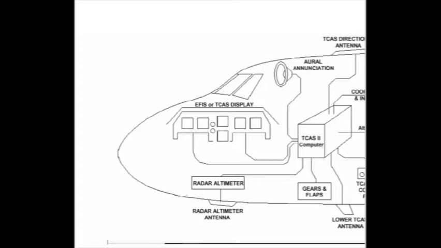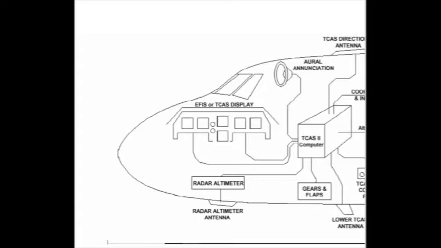Now I'm going for TCAS components. TCAS has three components: computer unit, antennas, and cockpit presentation. The computer unit performs airspace surveillance and intruder tracking, own aircraft altitude tracking, threat detection, resolution advisory maneuver determination and selection, and generation of advisories.